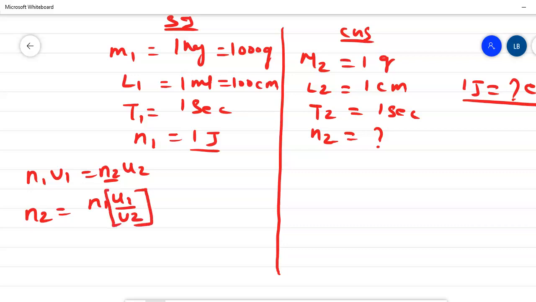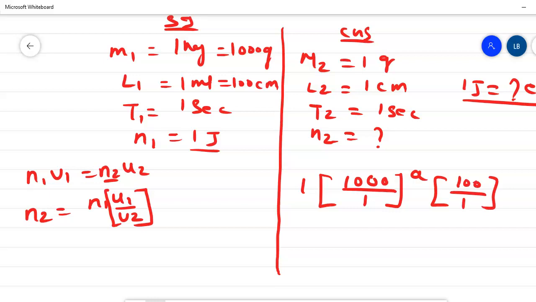First take M1 by M2. M1 is 1000 divided by M2 which is 1 gram. Why am I taking 1000? Because it is in gram, to the power a. And L1 by L2, L1 is 100 centimeter divided by 1, to the power b. And T1 by T2, it will be 1 by 1, to the power c.